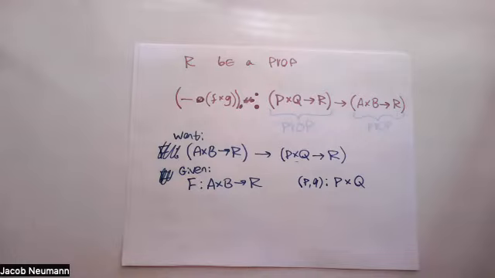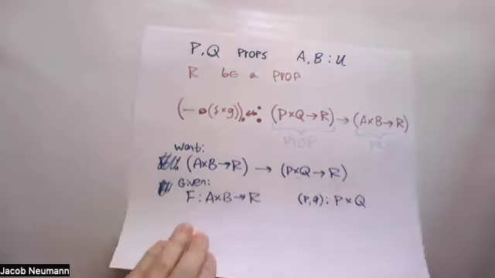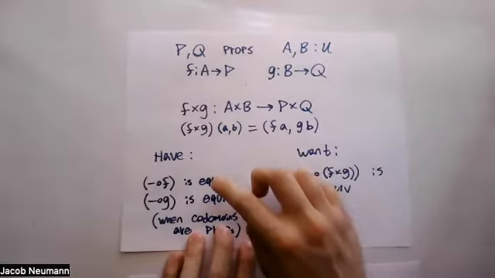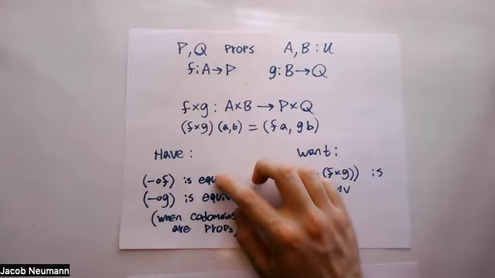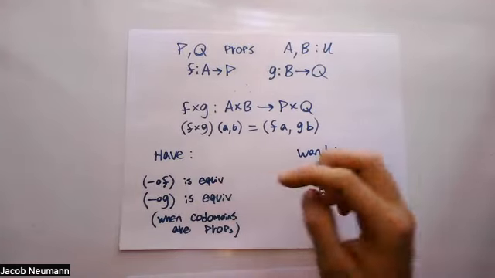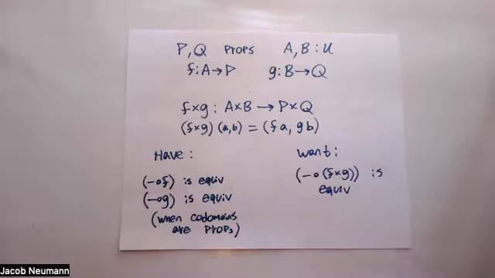The trick that's mentioned in the solutions is that we can instantiate our universal property of F using the type Q arrow R. Going back, precomposition with F is an equivalence whenever our codomain is a proposition.